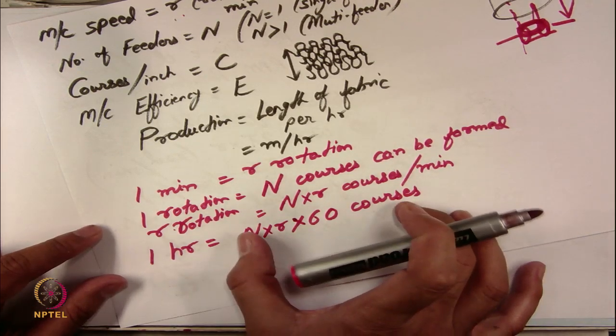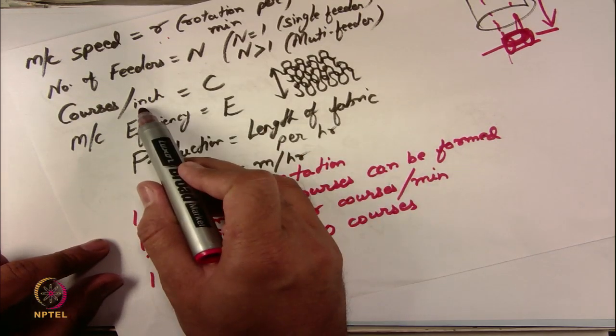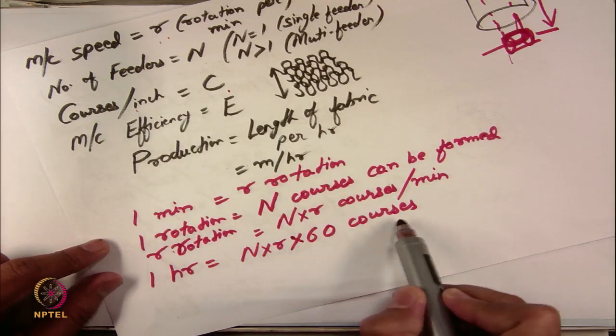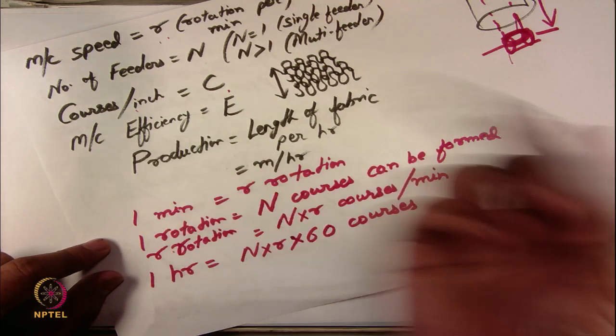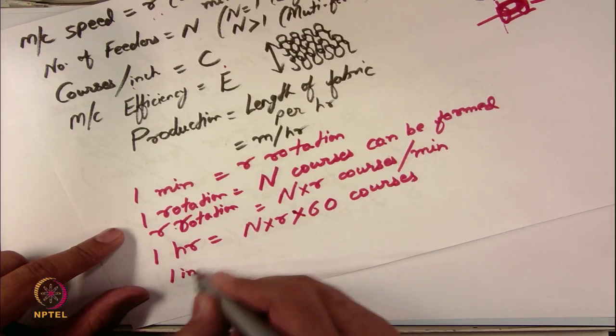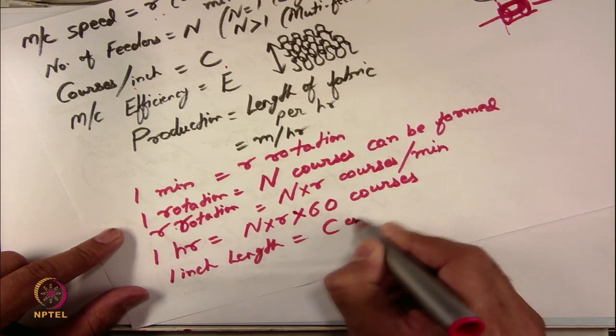So, you know the total number of courses, you know the courses per inch. So, 1 inch length of the fabric has C courses. If you have this number of courses, you can find out the fabric length. So, 1 inch length has C courses.